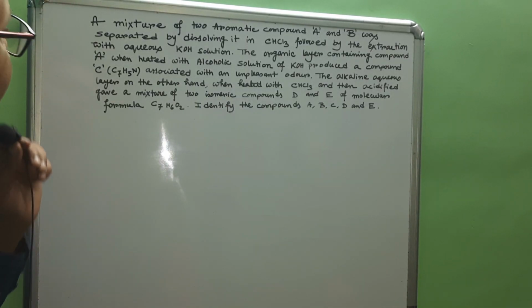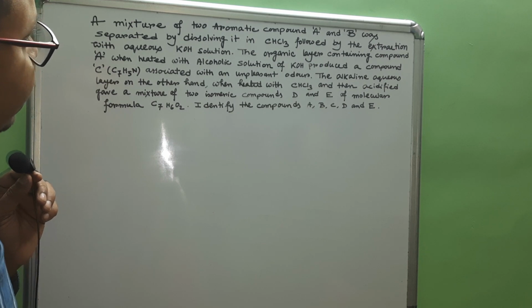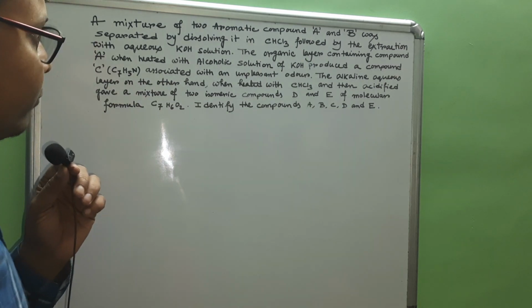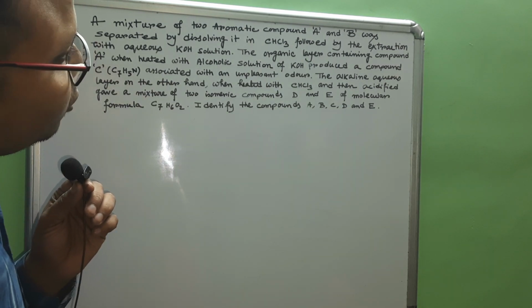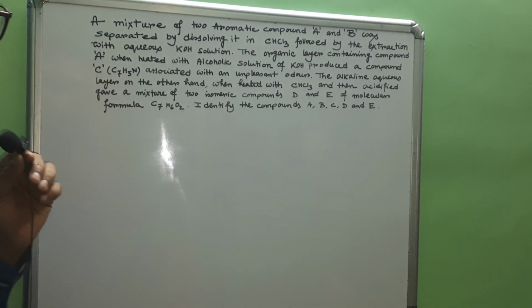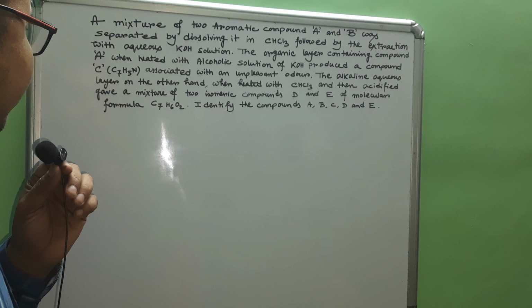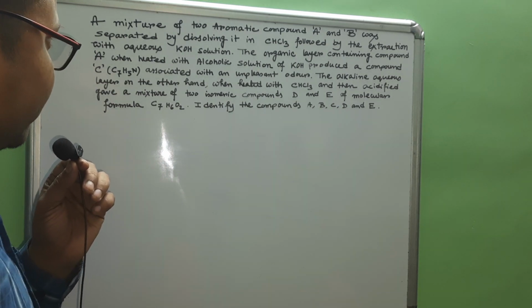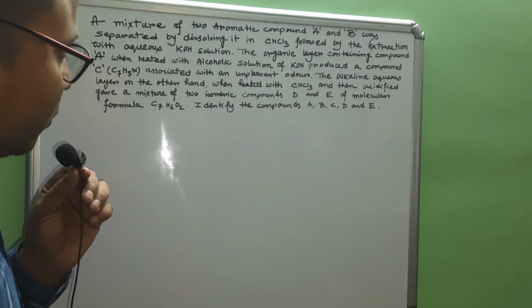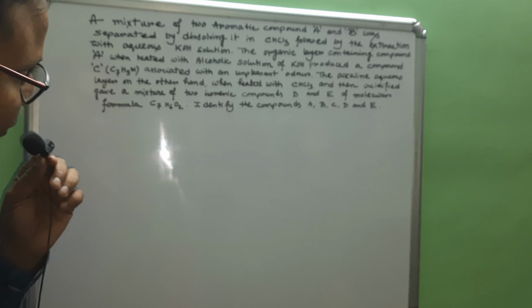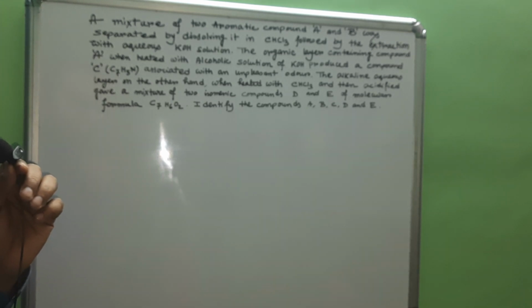What is given here? A mixture of two aromatic compounds A and B was separated by dissolving it in CHCl3, that means chloroform, followed by the extraction with aqueous KOH solution. The organic layer containing compound A, when heated with alcoholic solution of KOH, produced a compound C with molecular formula C7H5N associated with an unpleasant odor.